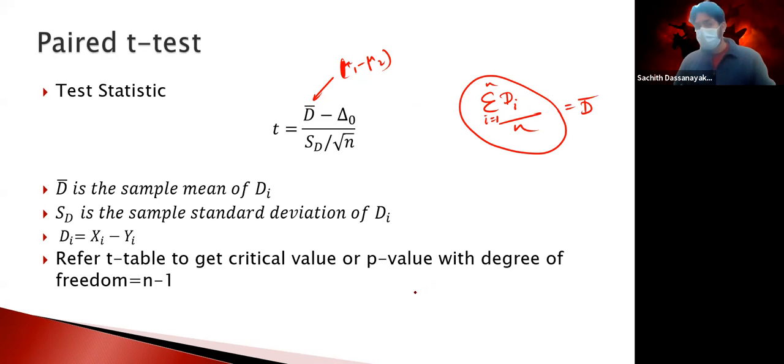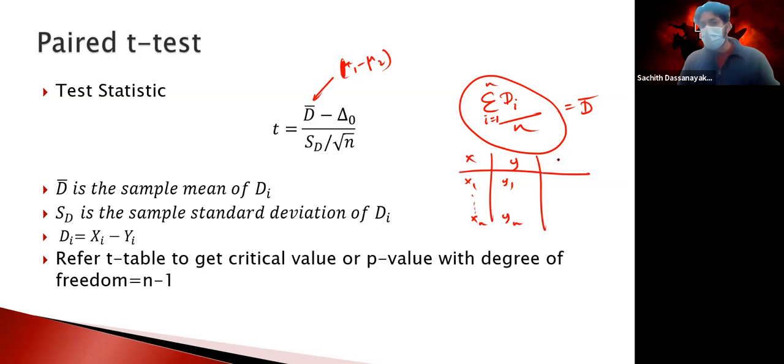I'll show you what this d is. You have x1, y1, up to xn, yn. You can calculate each di, which means the gap between each pair: x1 minus y1, likewise xn minus yn.